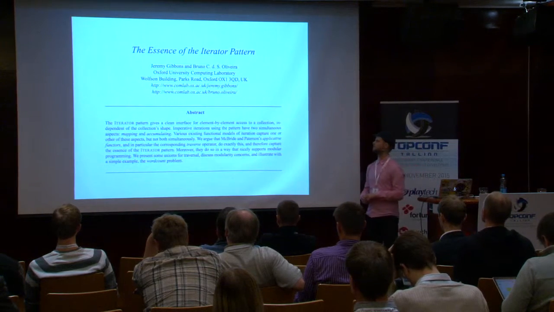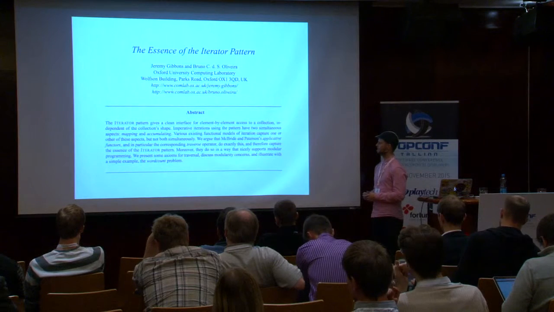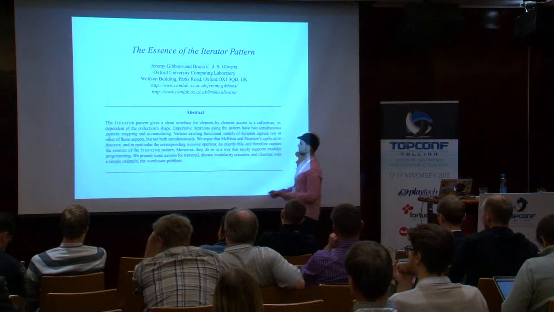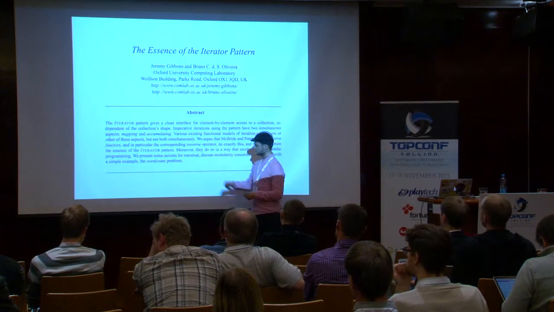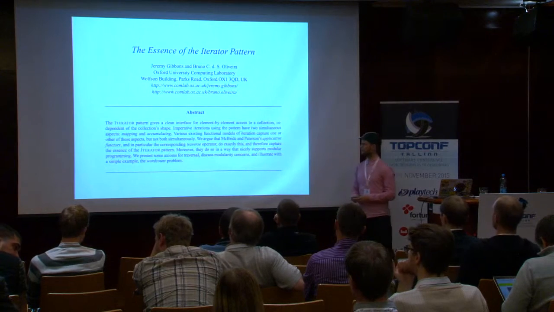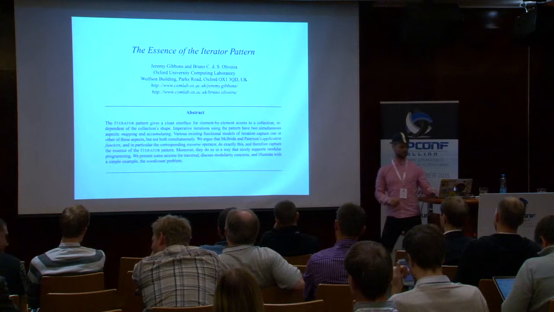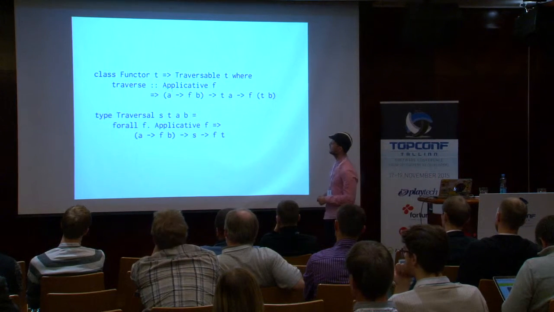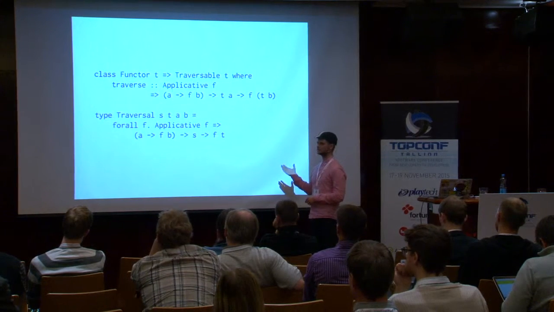But there's actually a paper which says that the Haskell traverse operator, you probably cannot read it, implements the very same idea. It looks a bit different, and it looks much more scary than an iterator.